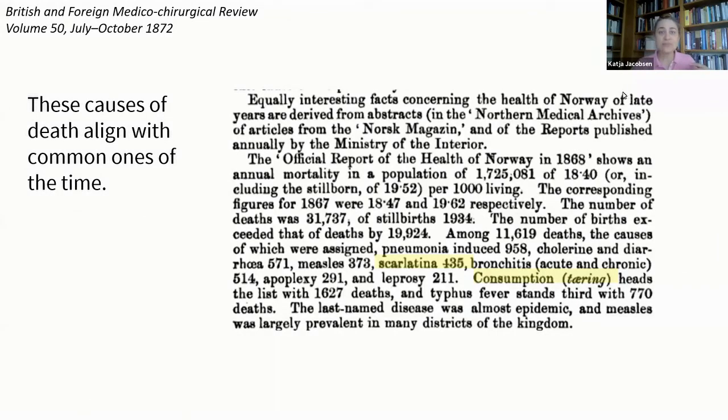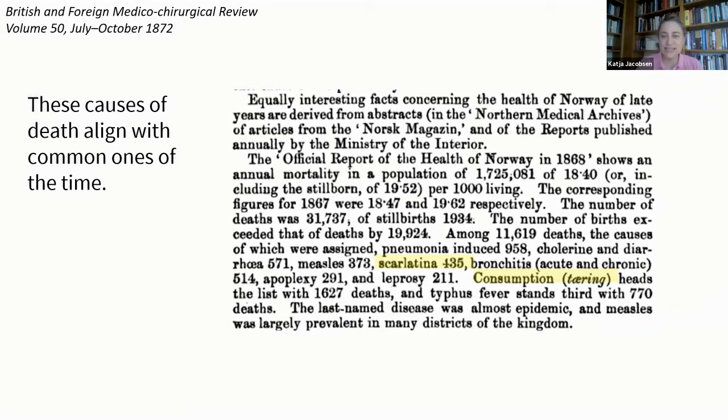I looked up publications of health records. This is an article from 1872 that I found using Google Scholar, looking at the official report of health of Norway in 1868.